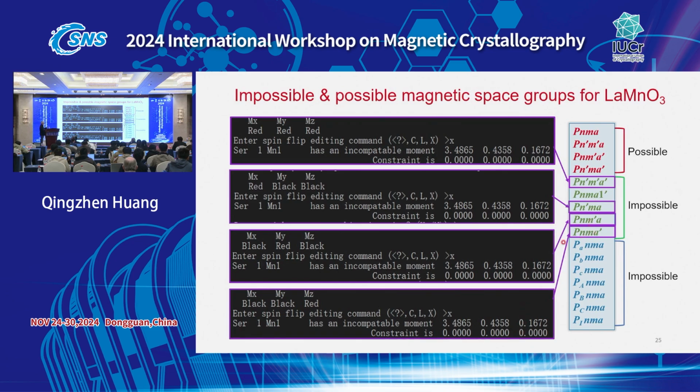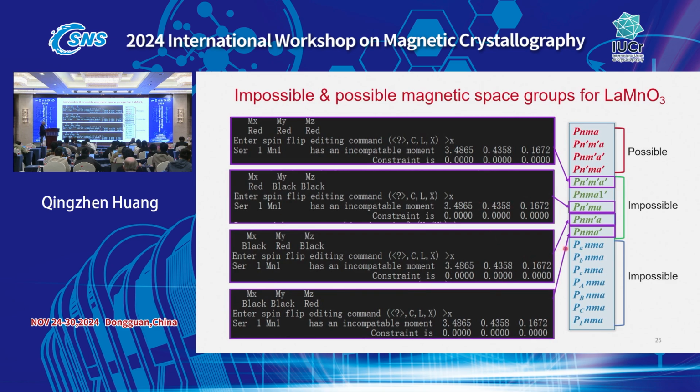This is not possible because of the magnetic symmetry group. For the lanthanum manganese, in this structure, the symmetry is not allowed to use these magnetic symmetries. All moments will be 0, 0, 0.